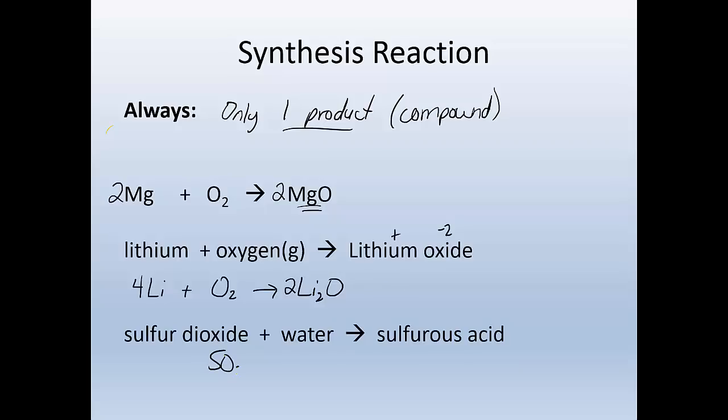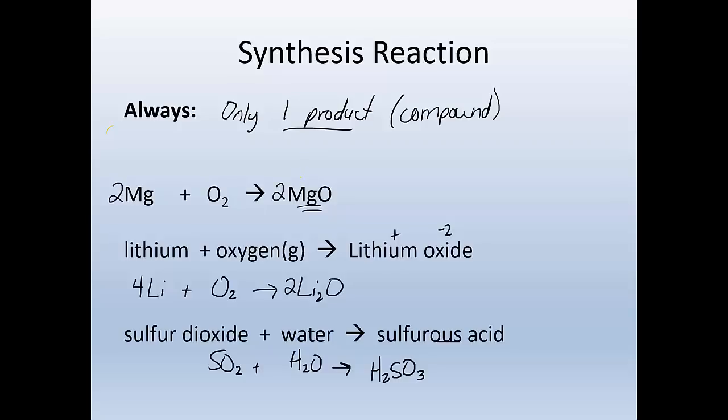Sulfur dioxide reacts with water to form sulfurous acid, remember that comes from a sulfite, H2SO3. Now this is one of the times when we write our skeleton, look, it's already balanced. But we still have one product. What do all syntheses have in combination?